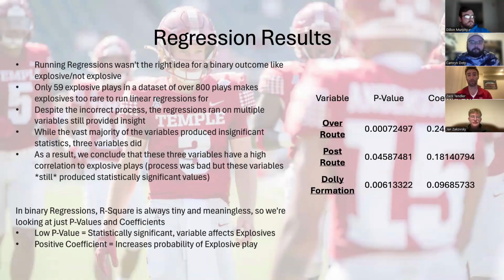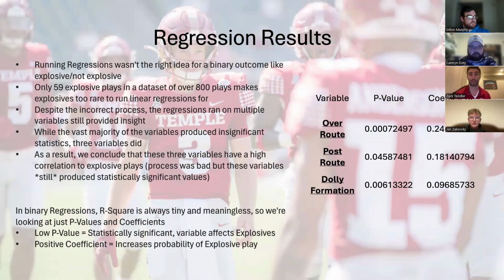So yeah, my first stab into the data set really was to run regressions. By the time I got to the end and got to all our results, I think myself and our group mates realized that running regressions wasn't really the right idea for a binary outcome like explosive or not explosive plays.